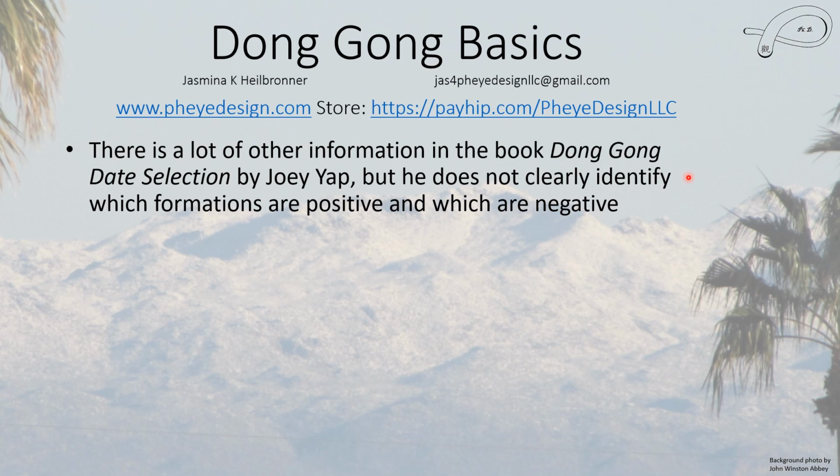Now, there's a lot of other information in the book by Joey Yap, but he doesn't clearly even tell us which formations are positive and which are negative. He just lists a lot of stuff. The name is often a clue, but sometimes it's not very clear because you have to really understand it.